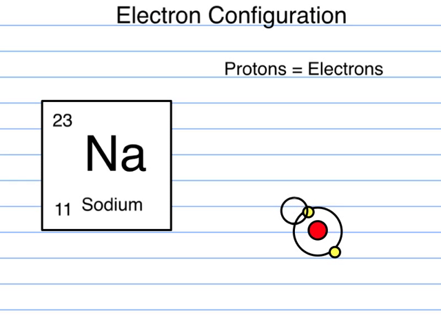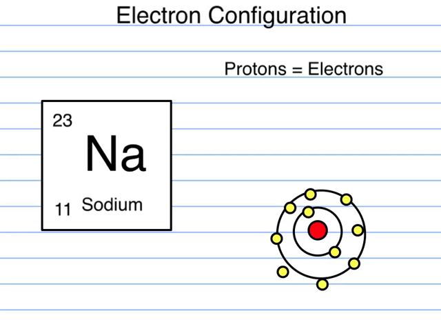Now on the second shell we can have up to 8. So we've got 1, 2, 3, 4, 5, 6, 7, 8.